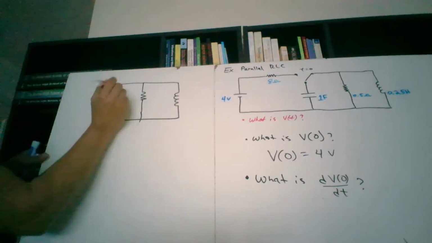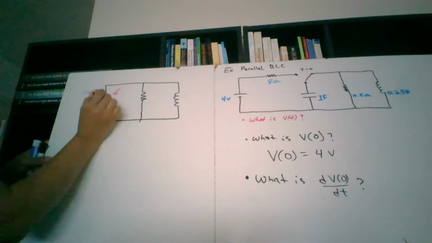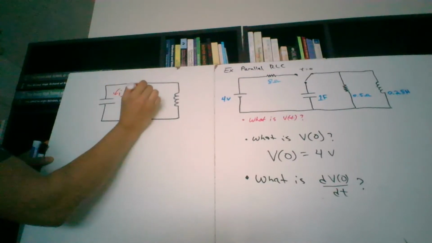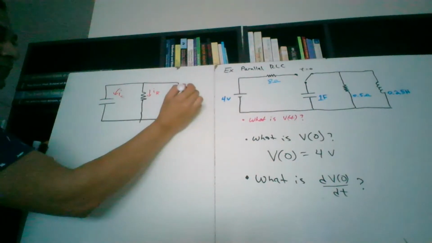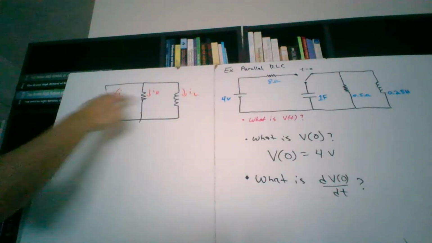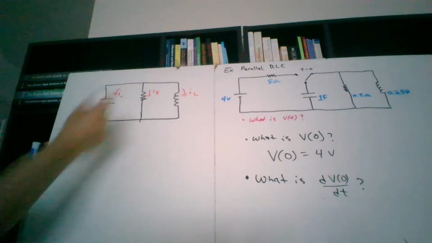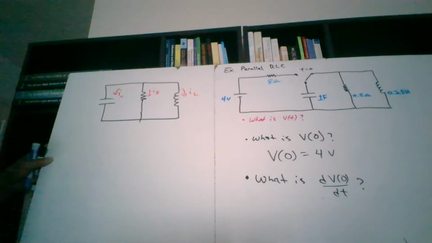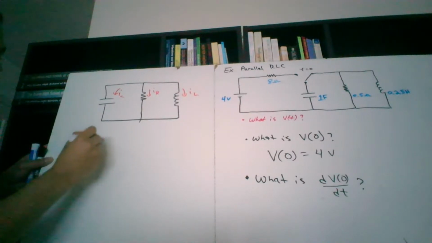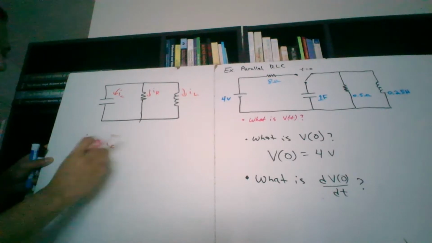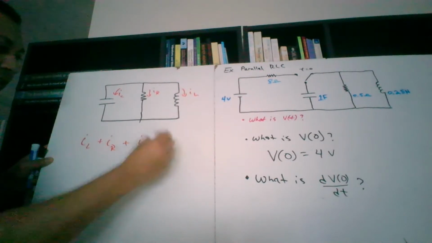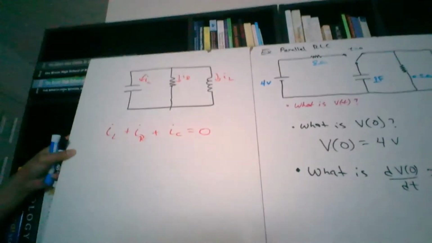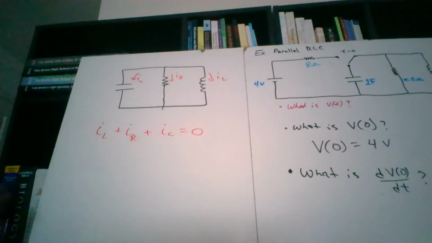We would use the current loop equation. So we would have current going this way, that would be IC. This would go down like this, IR. And this one would go through this way as IL. And if these are my three currents, they're going to add up to 0. So we'll write IL plus IR plus IC is equal to 0. Okay, that's our Kirchhoff loop equation.